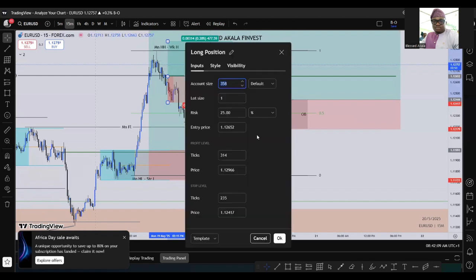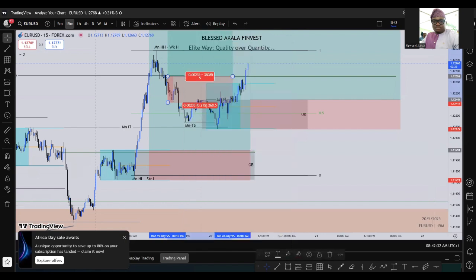Because this one that we are now having, that's 1.1575, gives us a perfect 45.